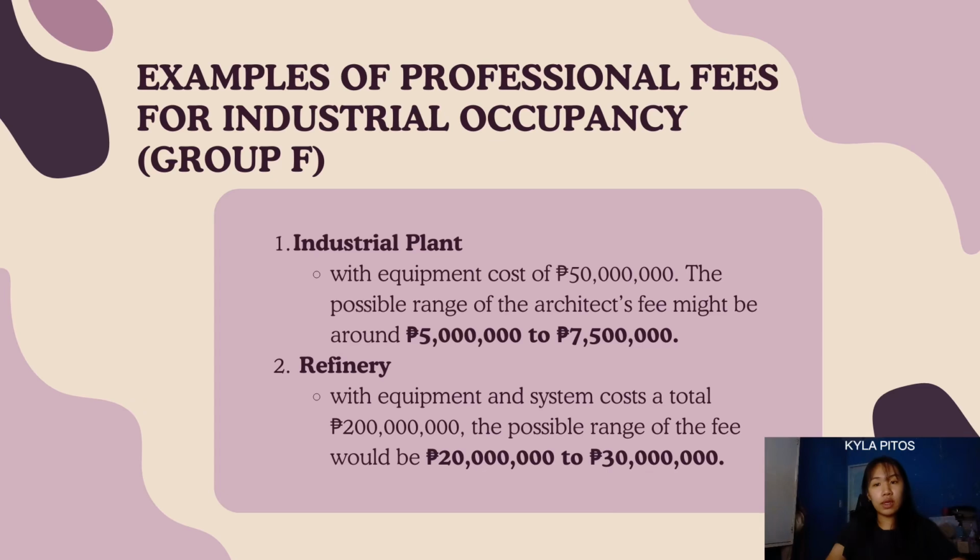Example number 1 of it is the industrial plant, which has an equipment cost of 50 million, and its possible range of the architect's fee might be around 5 to 7.5 million. And second example is the refinery with equipment and system that cost a total of 200 million, which the possible range of the fee would be around 20 to 30 million.